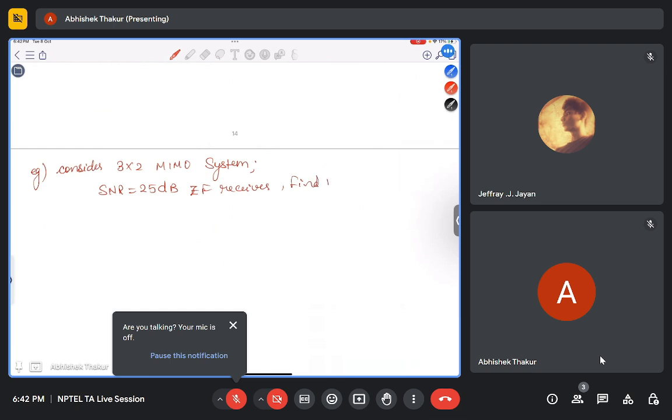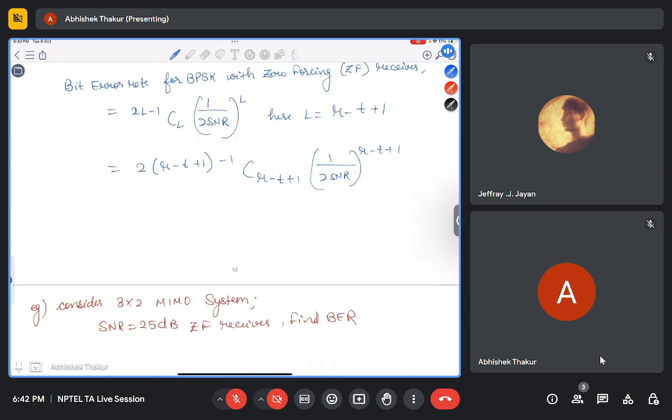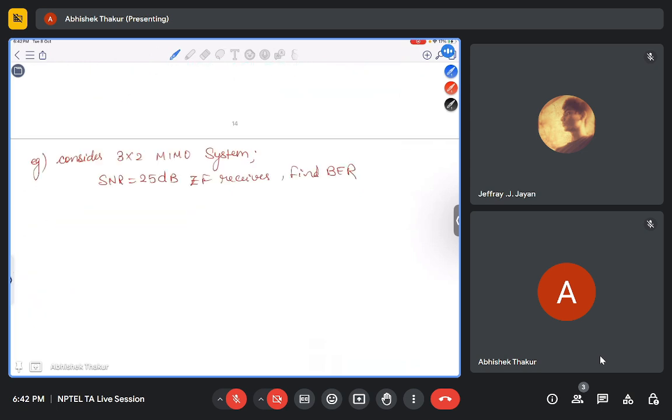Find the bit error rate. We have just studied the formula of bit error rate. The same we will use as for the MRC. The only thing is we have to use L is equal to R minus T plus 1.